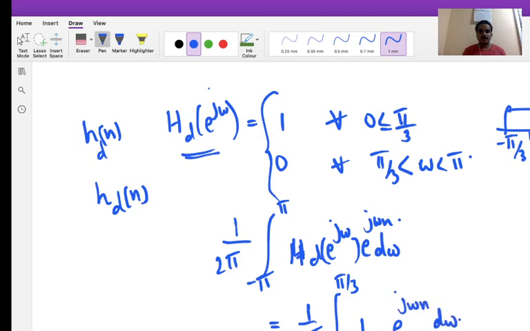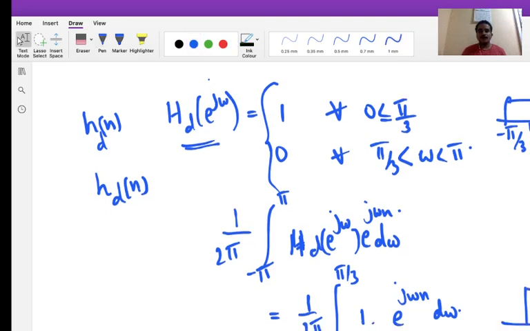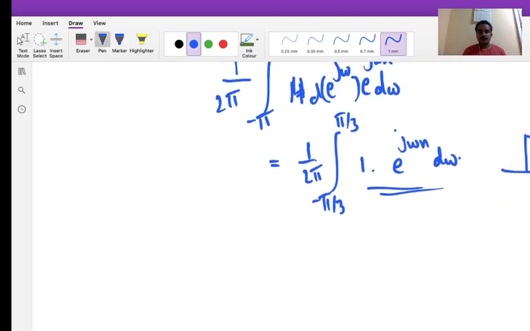So what is basically this? This is the inverse Fourier transform of a rectangular pulse, where you know that in one domain, if it is a rectangular pulse signal like this, in the other domain it will be a sinc function. You know that sinc function is something like this, sinc x, and in the discrete domain it becomes sinc n.